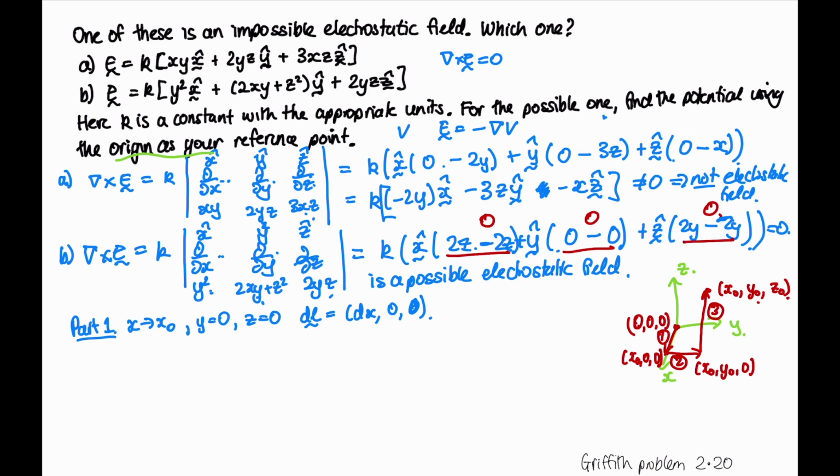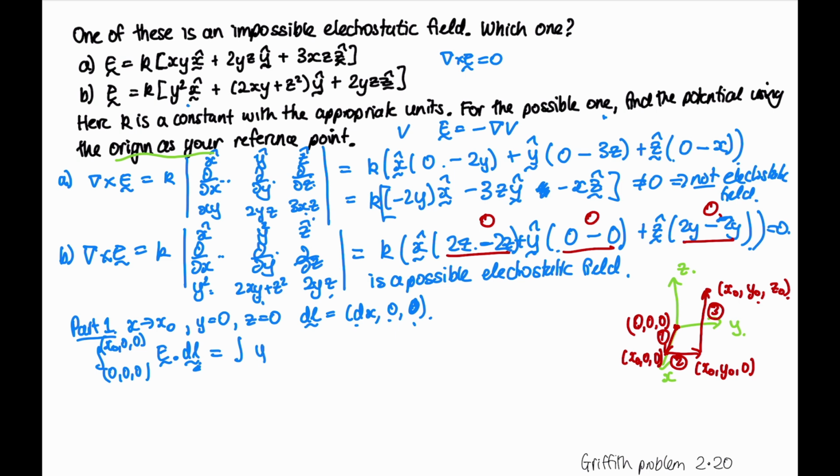So what we care about is the integral here from 0, 0, 0 to x0, 0, 0 of E dot dl, and so in this case we only really need to worry about the dx component because dy and dz are 0.